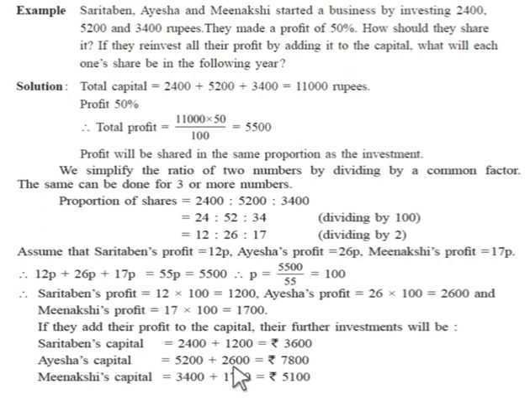Her profit is 2,600. So now her new capital will become 7,800 rupees. Now Meenakshi's capital, initially it is 3,400, and she added her profit, that is 1,700 rupees. Now her new investment will be 5,100 rupees.